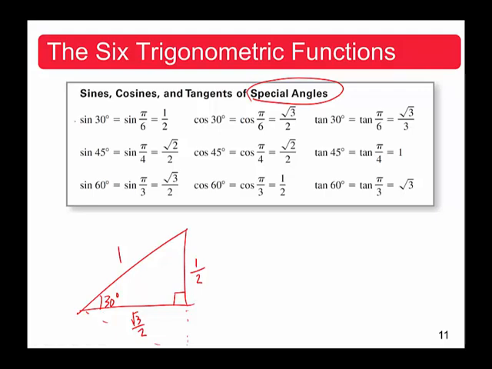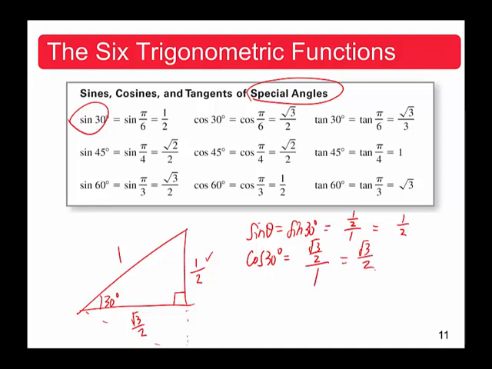So sine 30 degrees equals opposite over hypotenuse, half over 1, that becomes half. And then cosine 30 degrees is adjacent side over hypotenuse, so radical 3/2.